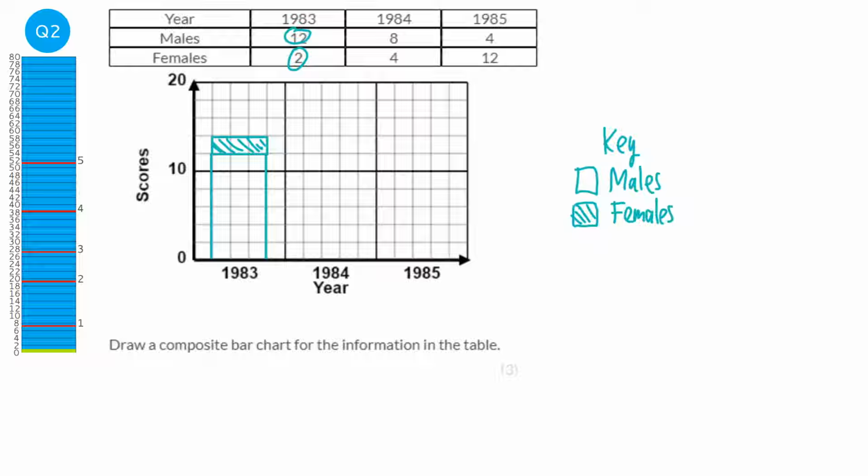Okay, next we're going to do the 8 and the 4. So what you can do is just do the whole thing, and split it afterwards. So it would be like that. Shade in the females. And then finally we've got a 4 and a 12.